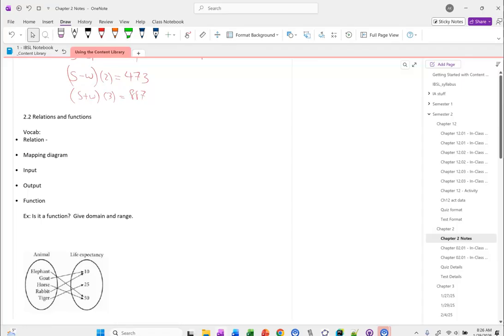So what's the definition of a function? You guys should all have this stone cold memorized. A function is a relation where every member of the domain maps to exactly one element in the range.